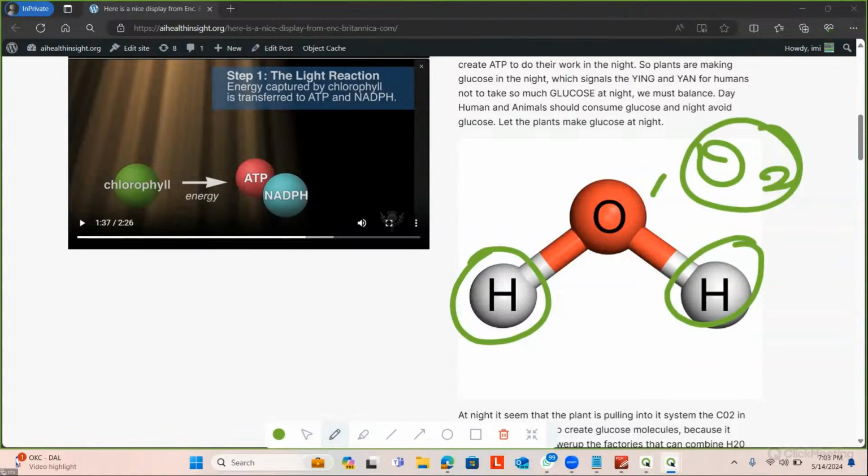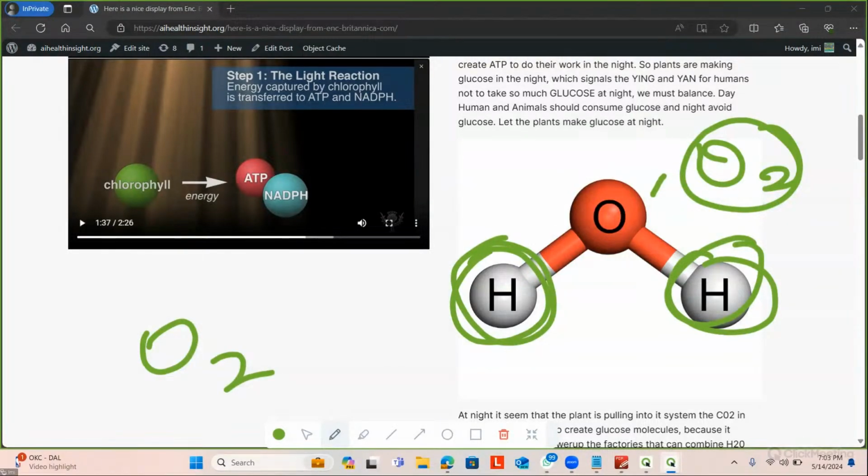Where in my house do we see the same thing happening? If the plant splits and it makes oxygen, what else is being made? What is the name of this one? H. What is this?